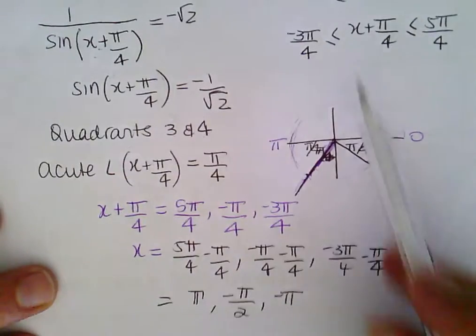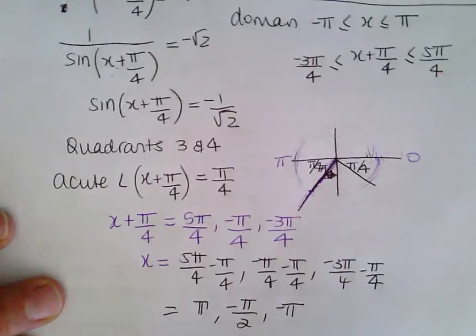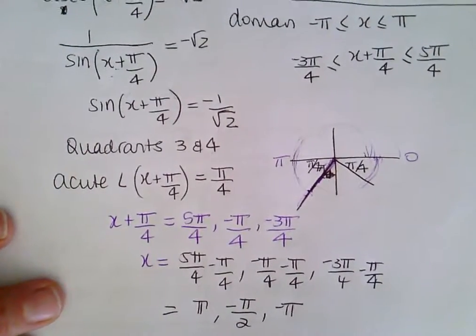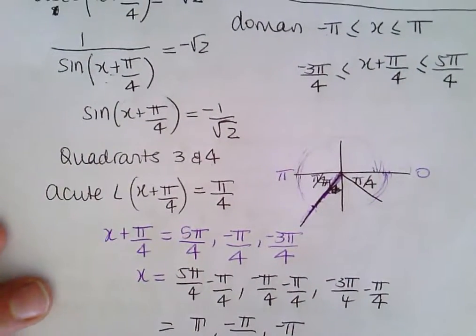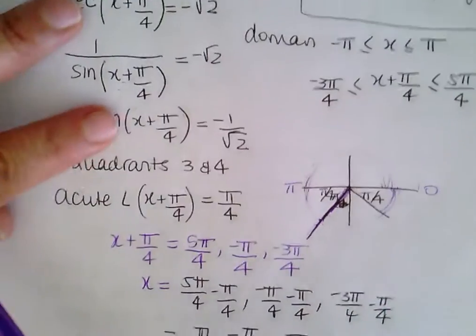And notice it fits in the original domain. Pi and -pi are on the borders of the original domain. Oh, it excites me when the angle makes the cut.